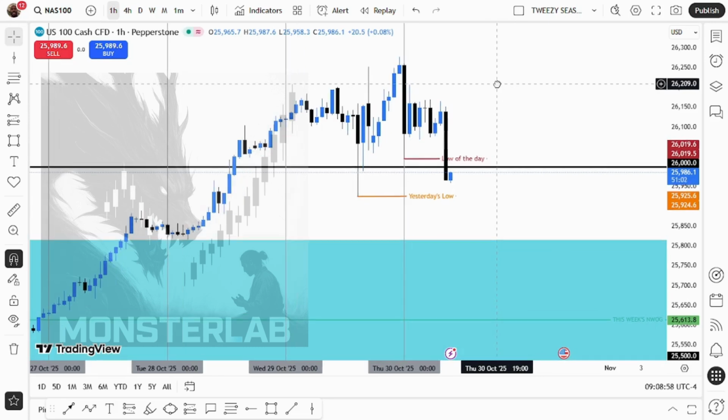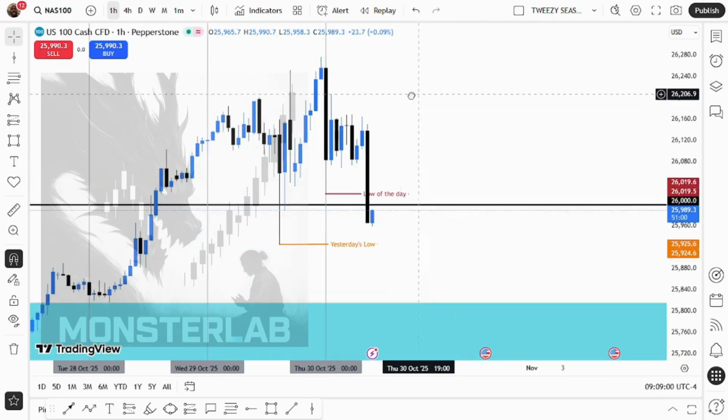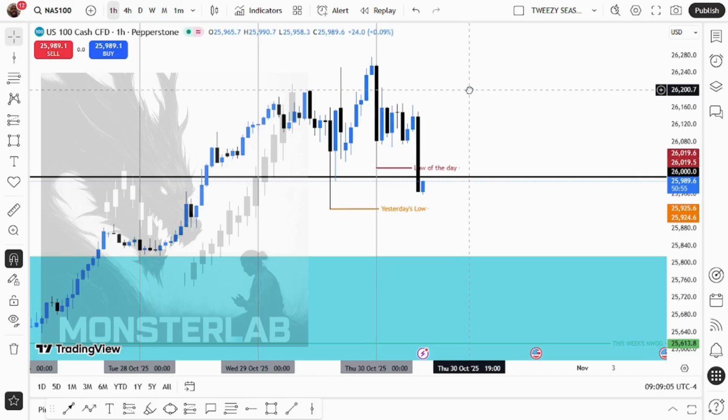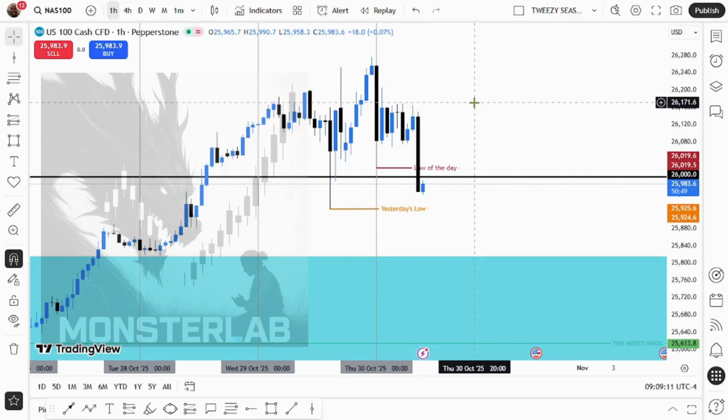As you can see, starting from midnight each day we have a vertical line, so that we can know what price does each day and what to expect on this day.